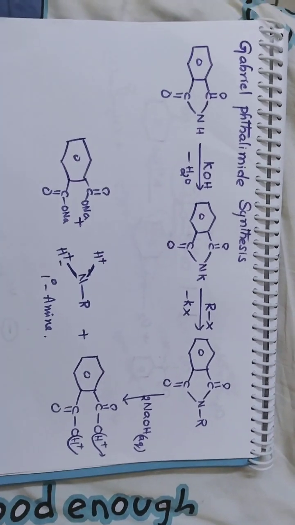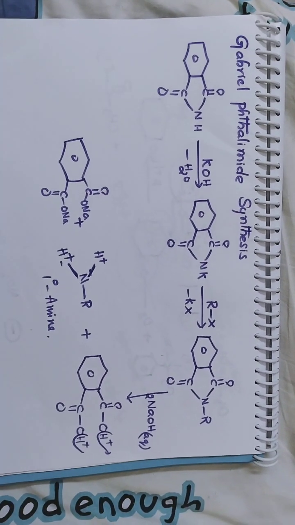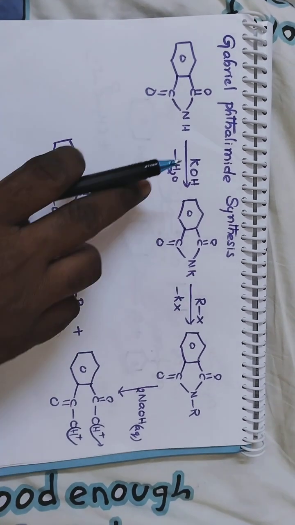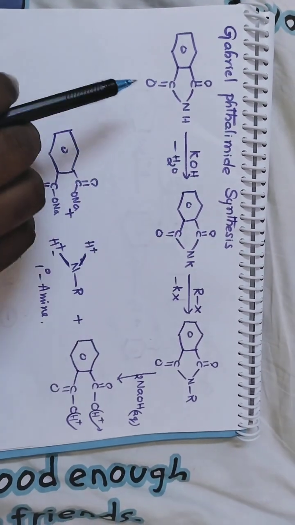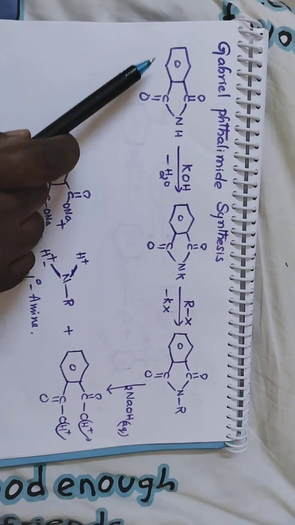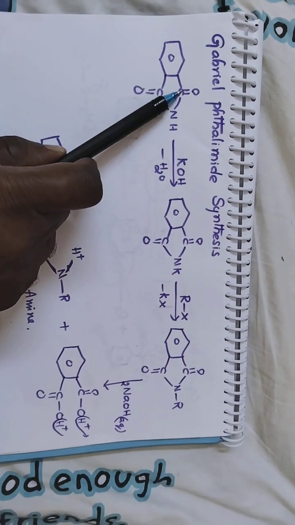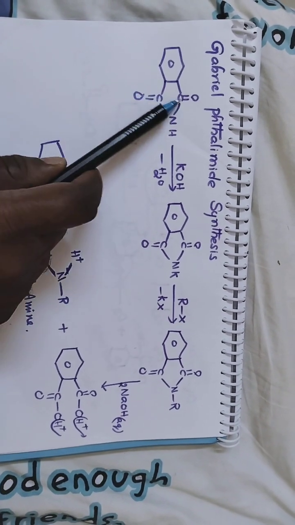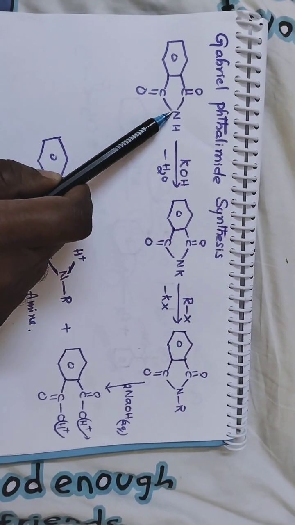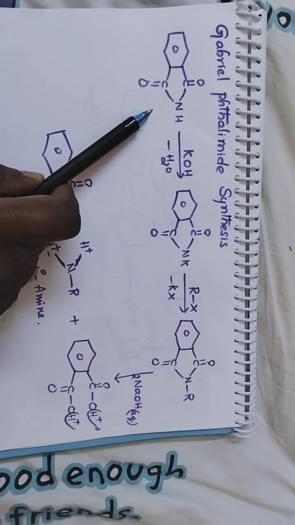Next, primary amines can also be prepared from Gabriel phthalimide synthesis. So Gabriel phthalimide means benzene ring with C double bond O, NH. This is called an imide. Two carbonyl groups are connected to this NH. This is called phthalimide.